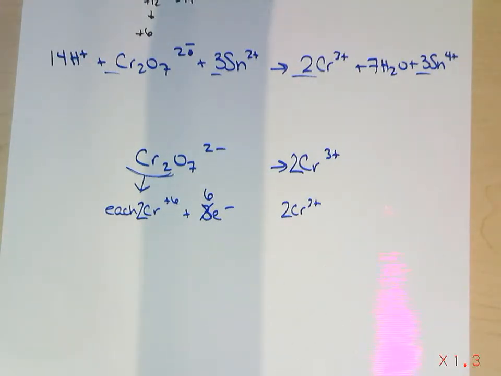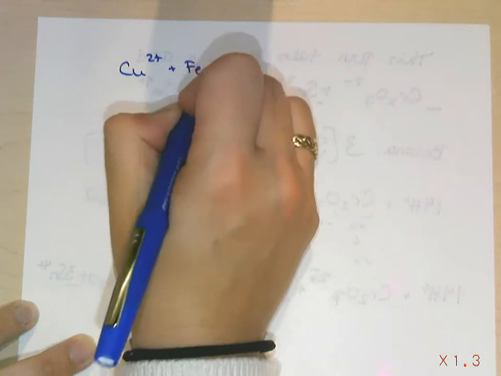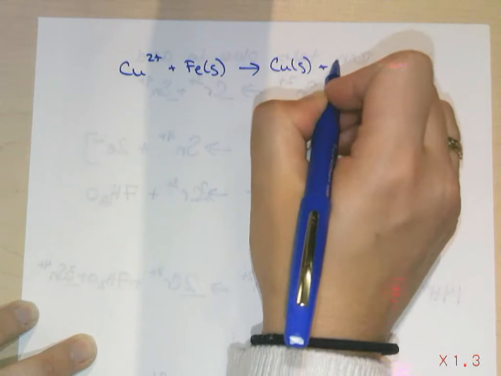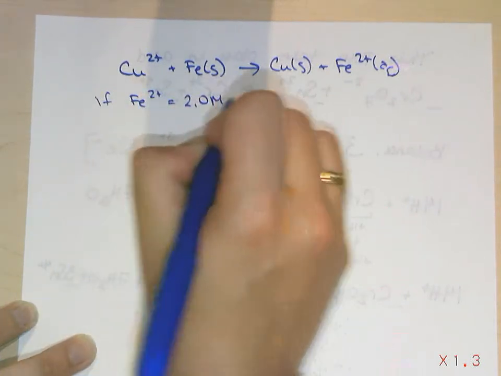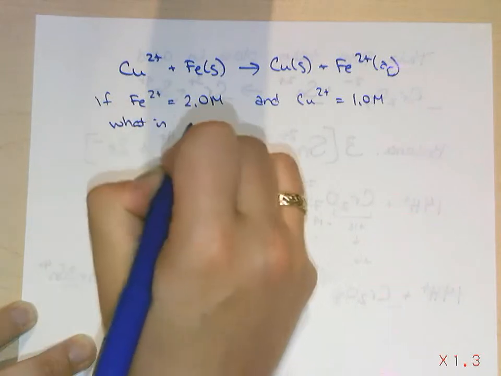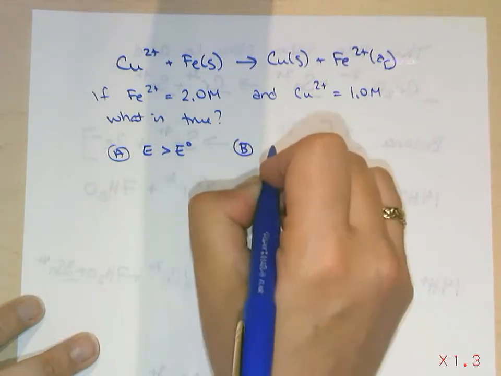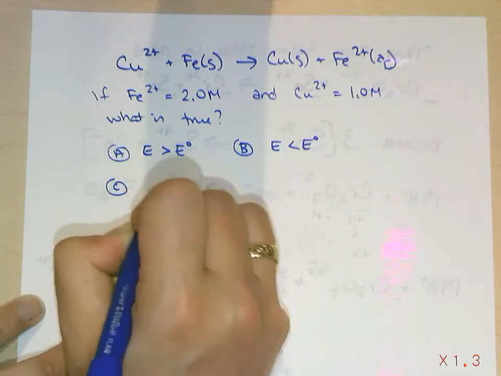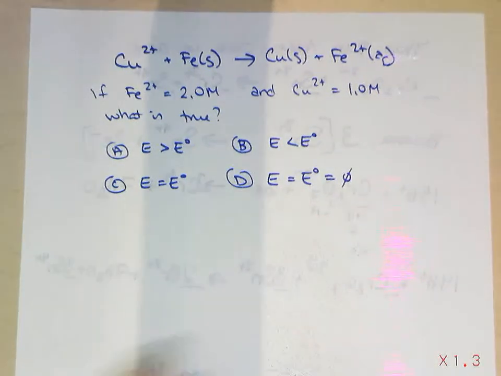All right, what if I had this question? So in this reaction, the iron ions are 2 molar and the copper ions are 1 molar.